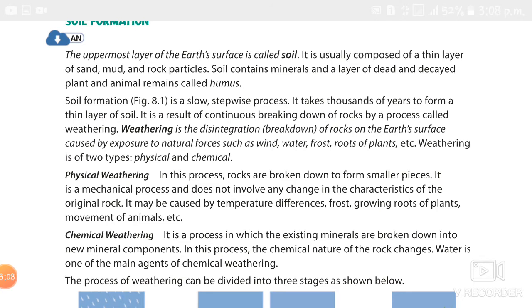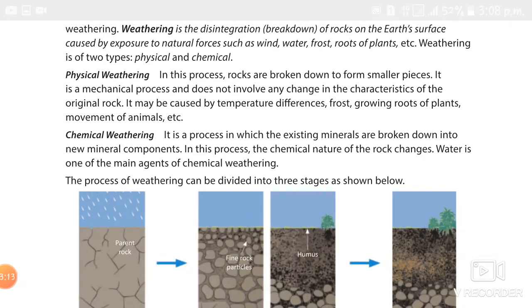Next we studied chemical weathering. So what is chemical weathering? It is a process in which the existing minerals are broken down into new mineral components. In this process the chemical nature of the rock will be changed, because it created new mineral components.